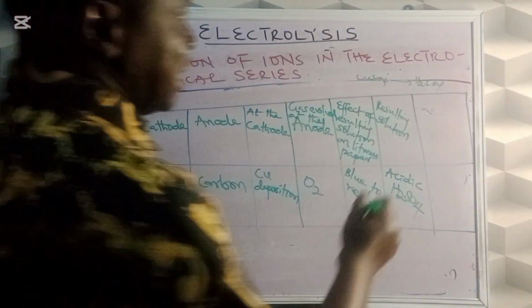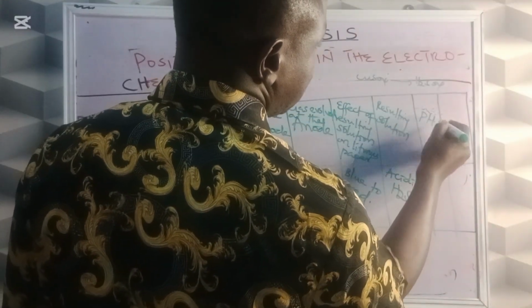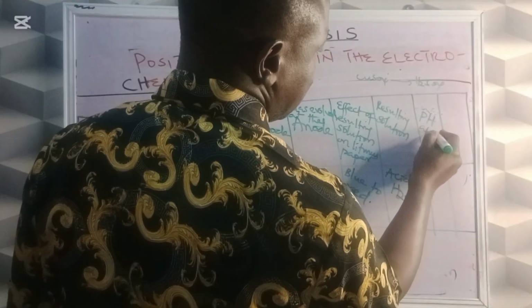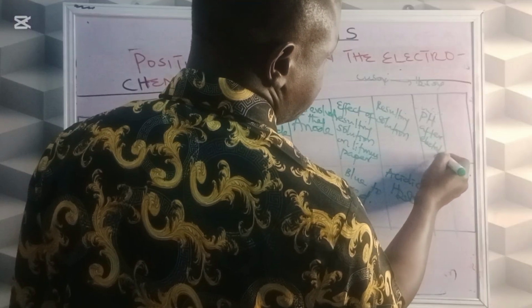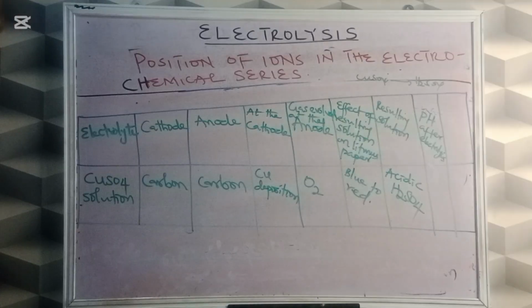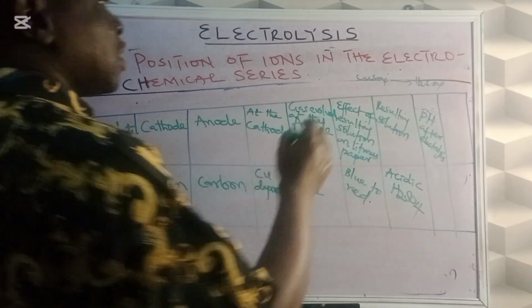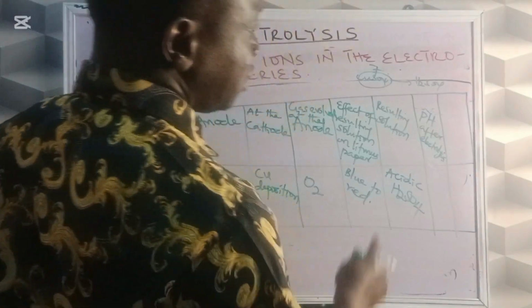H2SO4. Is there anything like a change in pH? What happens to pH before and after electrolysis? So for the pH, copper(II) sulfate is around 7, neutral.